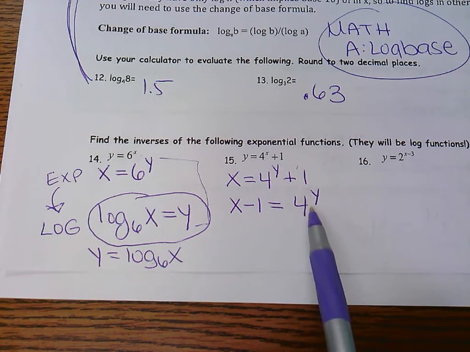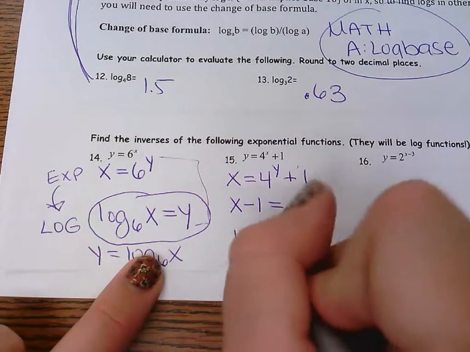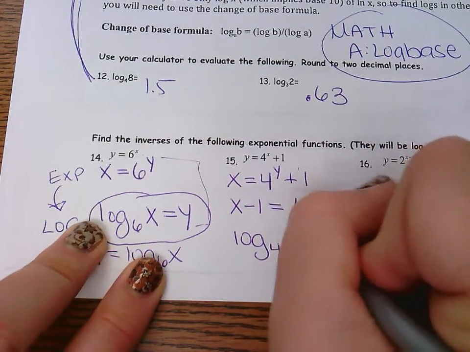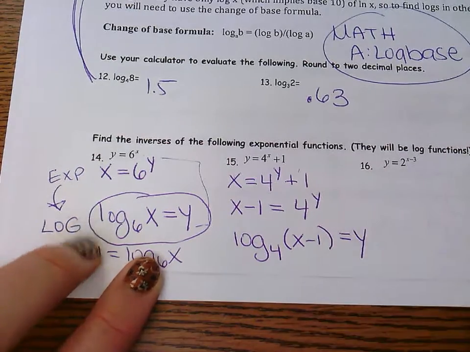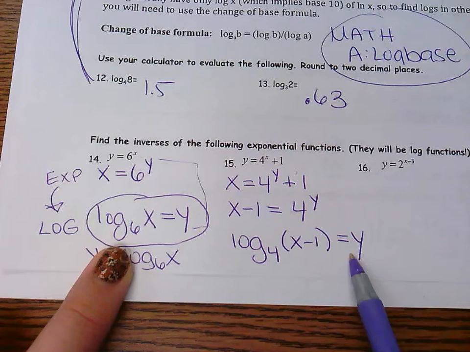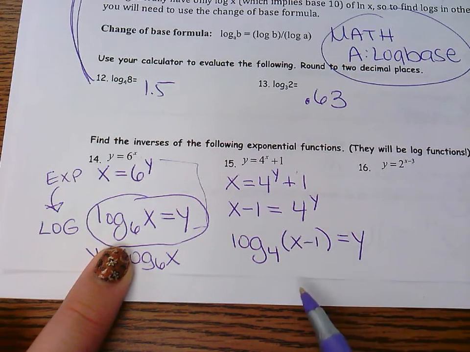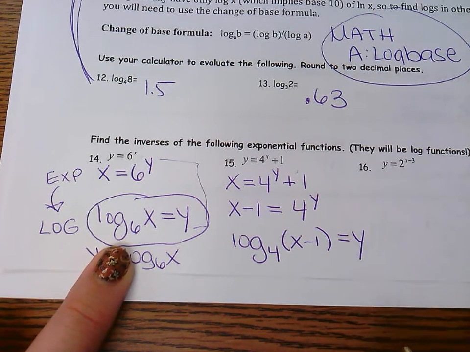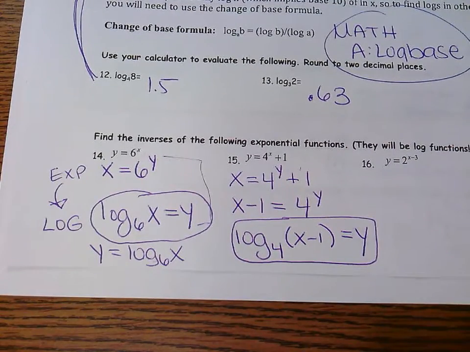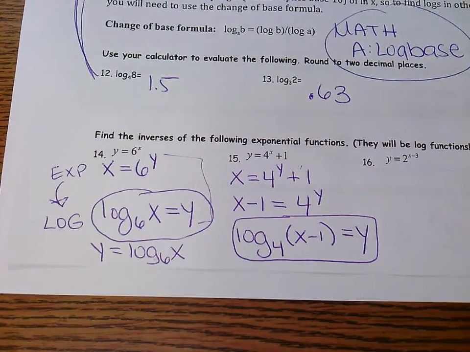If the base was 4, this is going to be log base 4 of x minus 1 equals y. See how 4 raised to the y power gives you x minus 1, and you freed up y from the exponent. So this is the y equals function. If you want to rewrite it in the right order, you can, but if y is by itself, it's a function.